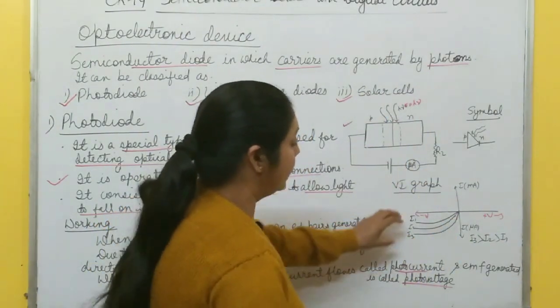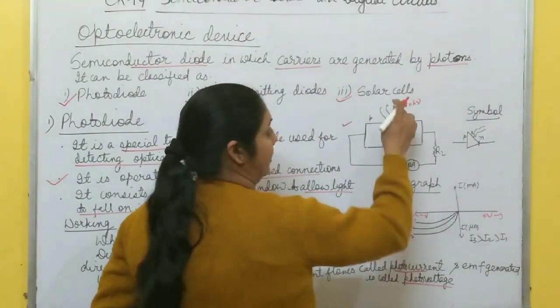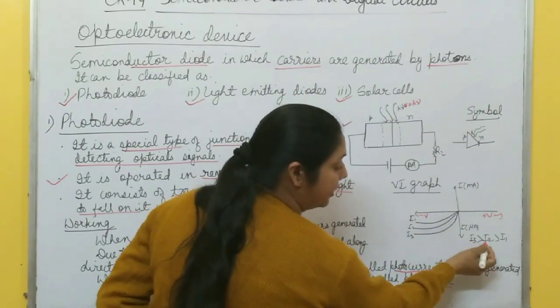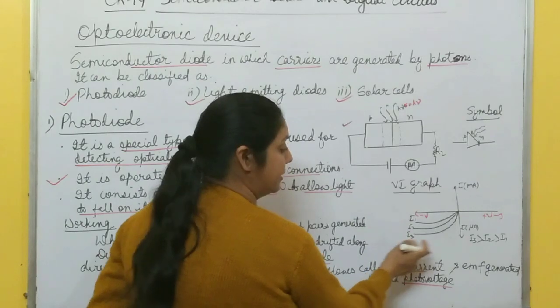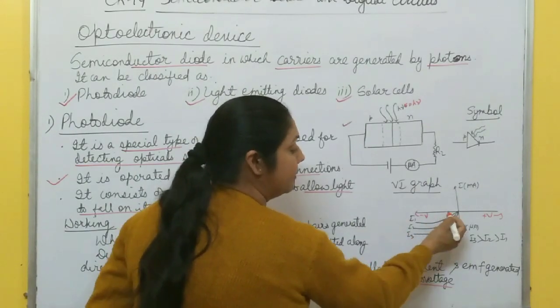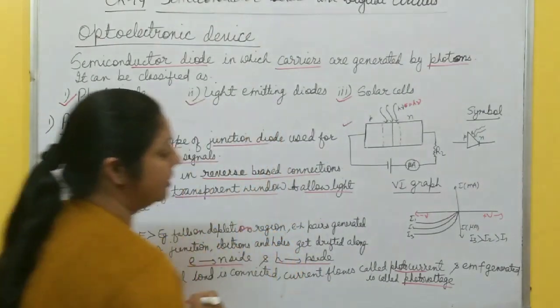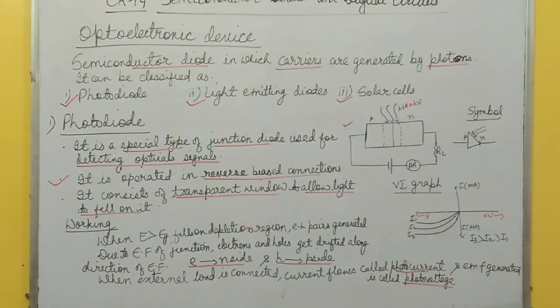It means in these VI characteristics, current depends on the intensity of light. If the intensity is greater, I3 greater than I2 greater than I1, so the saturation current also increases when the intensity increases. Also, with the increase of reverse bias, the current also increases. So this is the VI characteristics of the photodiode. Just to remember this one, take a screenshot of this one.